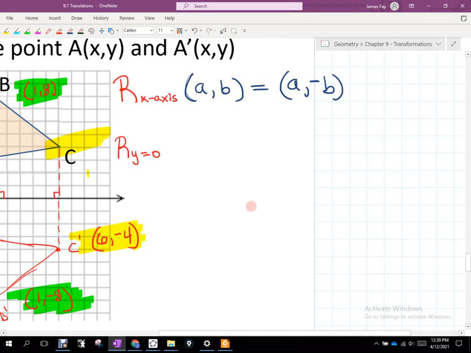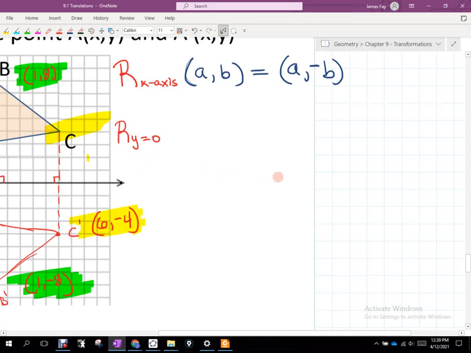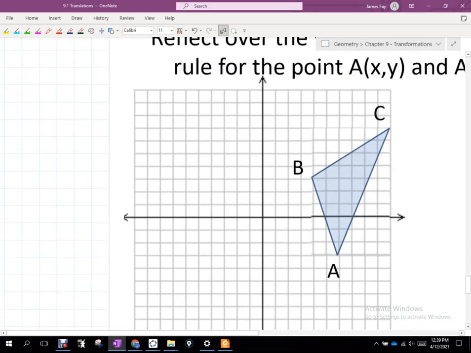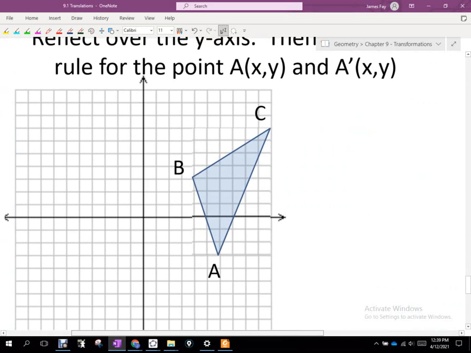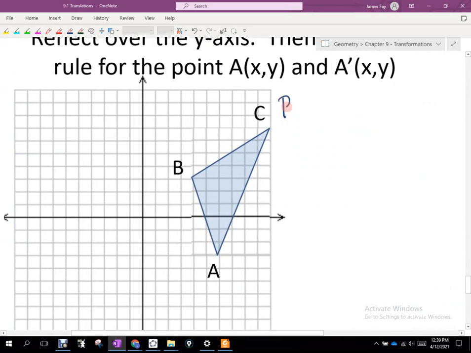What do you think happens, or how do you think we should get a y-axis reflection? Okay, so a y-axis reflection, or reflection x equals 0, that's the equation for the y-axis. If I start with (a, b), let's say I start with this point right here, which is at (4, 3).